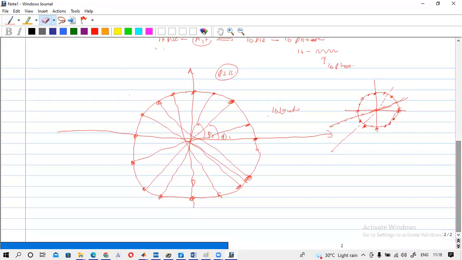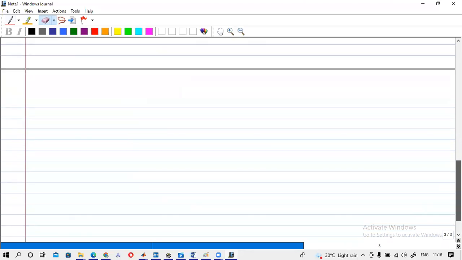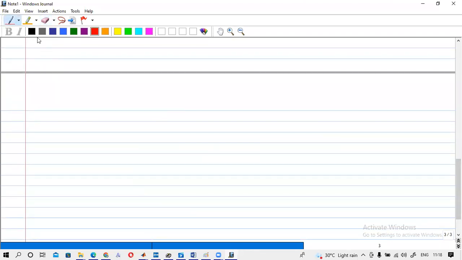So we have our 16 QAM signal, and it looks like this. So you have 16 symbols.